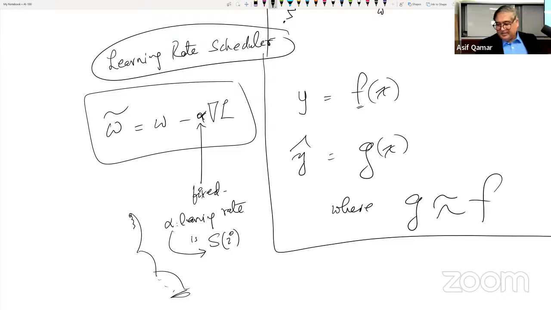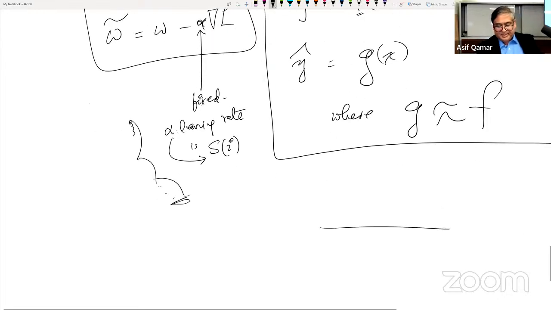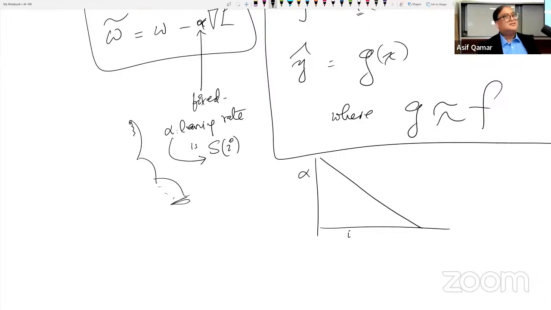So, for example, one learning rate schedule would be that based on step i, the learning rate alpha may go down like this. It's a linear decay learning rate scheduler. It could be an exponential decay learning rate scheduler like this, and so on and so forth.